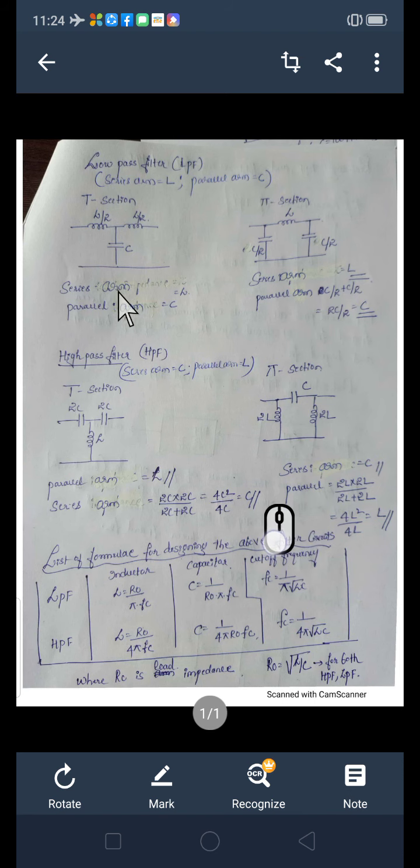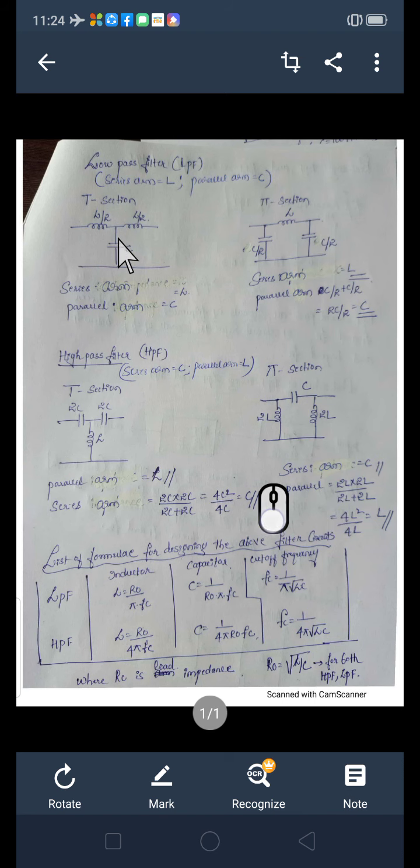One more thing you should remember is that for the series arm, if it is an inductance, its total impedance should be L itself. This should be C, this should be L, and these two combinations should give you C. That you should keep in mind.